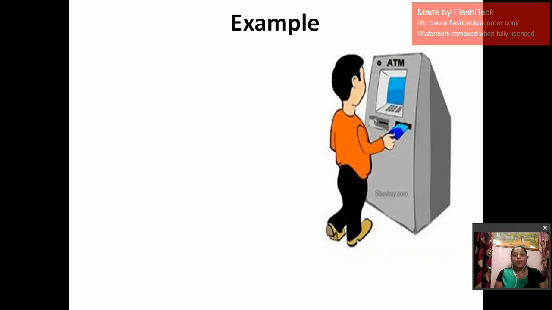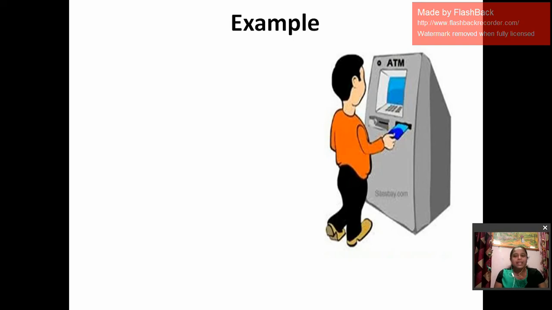Now, what buttons to click, how the money will come out, how the slip will come out, everything we know. But do we know what is exactly going on inside the ATM machine, or in the background of that system? No, it is not disclosed to us.